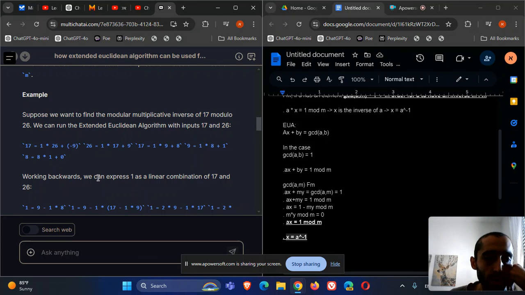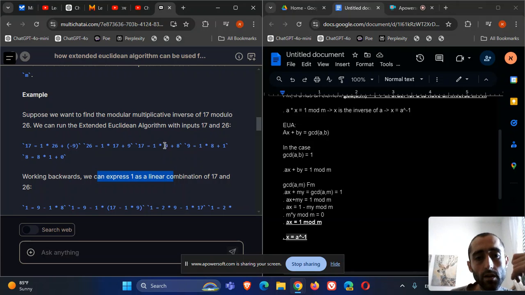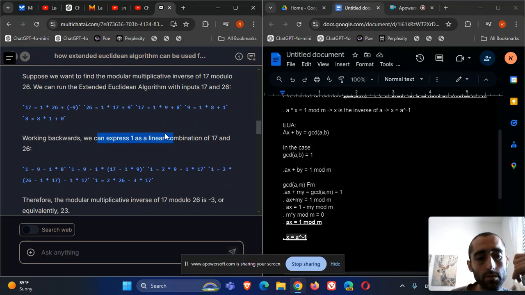And there is an example here. We want to find the inverse of 17 modular 26. We run the extended Euclidean algorithm with 17 and 26. This is the Euclidean algorithm to find the GCD, and we get 1 because 17 has an inverse.